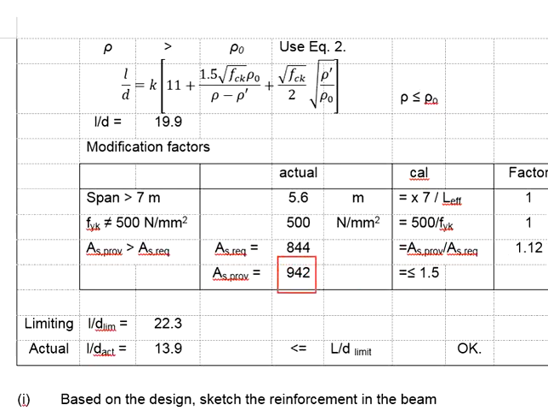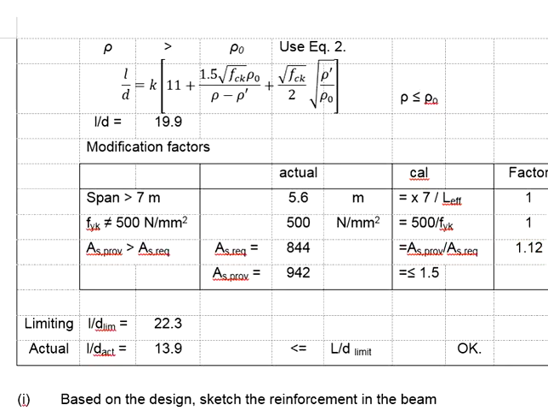You take the 942 divided by 844. That gives you 1.12. This value needs to be checked against the maximum allowable ratio here, which cannot be greater than 1.5. If the calculated factor here is more than 1.5, you will use 1.5 as the factor.